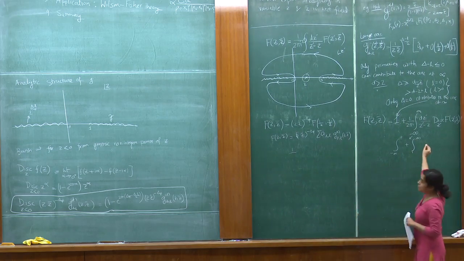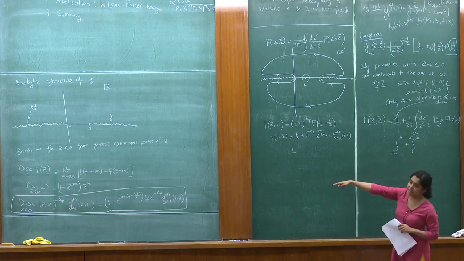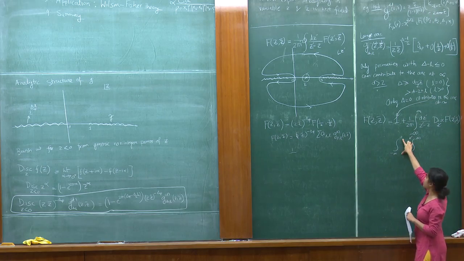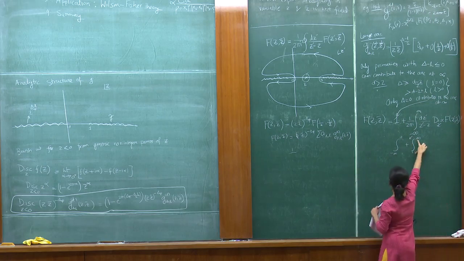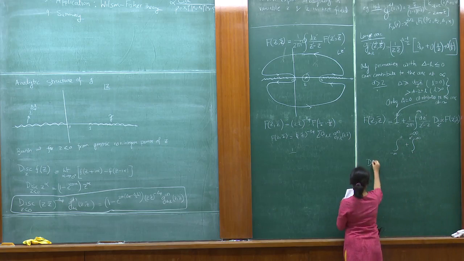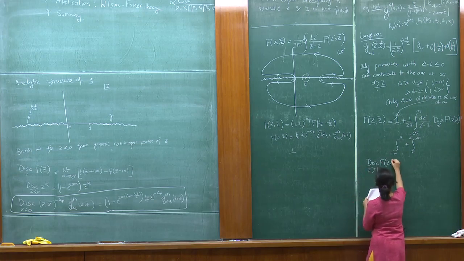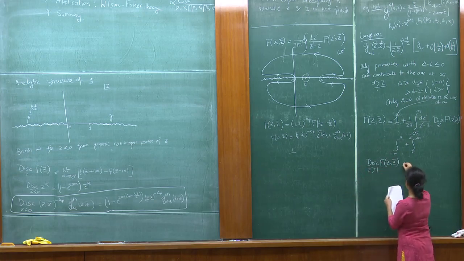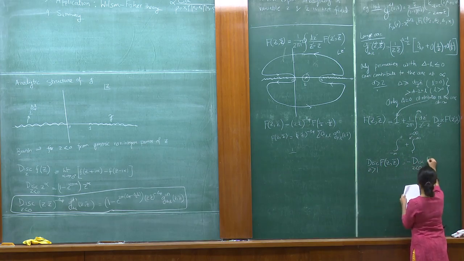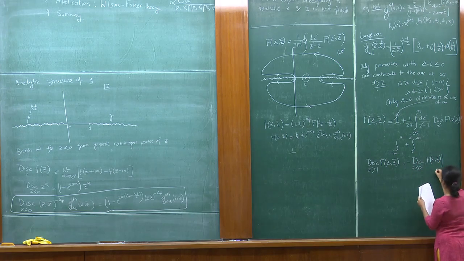Now at this level one can use crossing symmetry. What we saw is that the discontinuity is simple when we are in the regime where Z bar is less than 0. So let us see how this can be interpreted. At this level one can use crossing symmetry and show that this discontinuity at Z bar greater than 1 can be written in terms of the discontinuity at Z bar less than 0. And this is just the crossing symmetrized version.